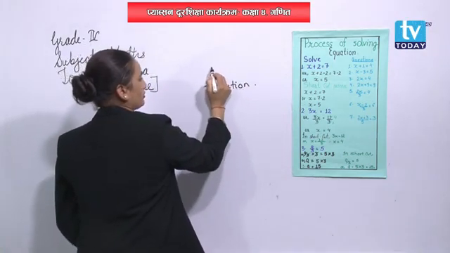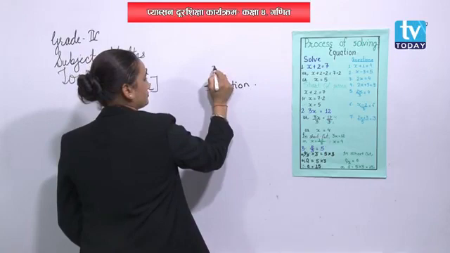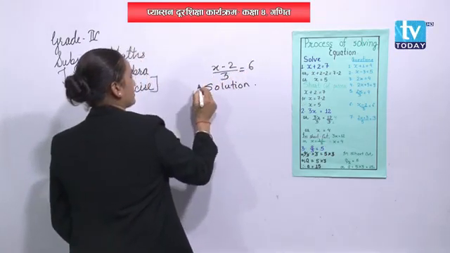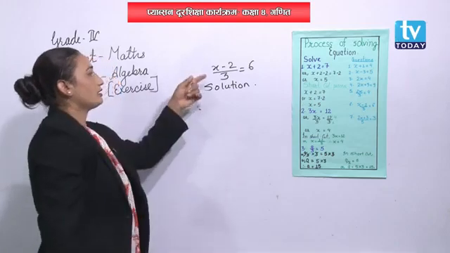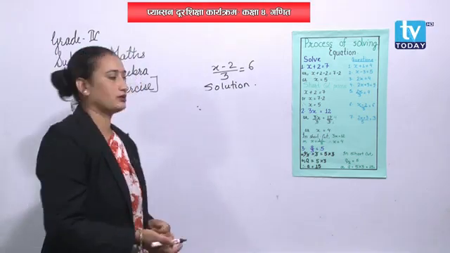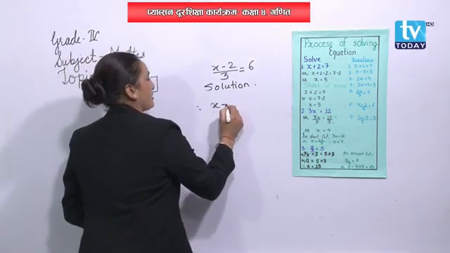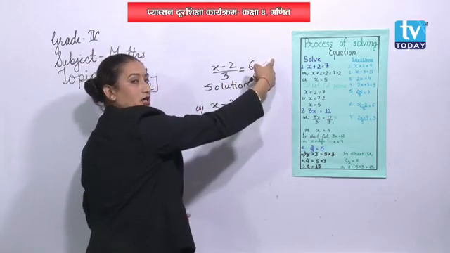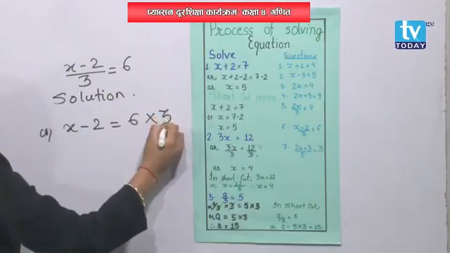Here is the question, okay? x minus 2, when it is divided by 3, equals 6. See here, in this type of question, how to solve it? x minus 2 equals 6 times 3. This 3 should go up to multiply.